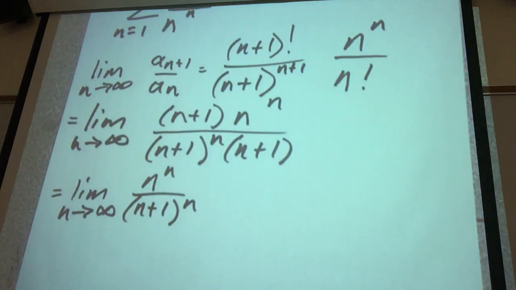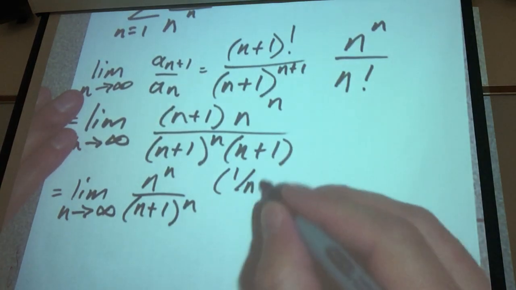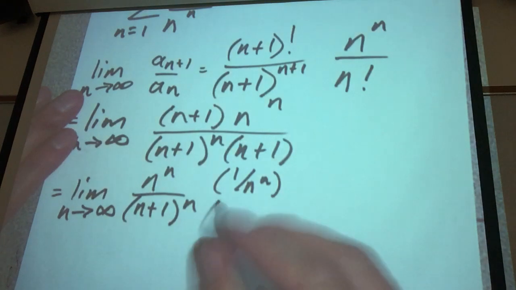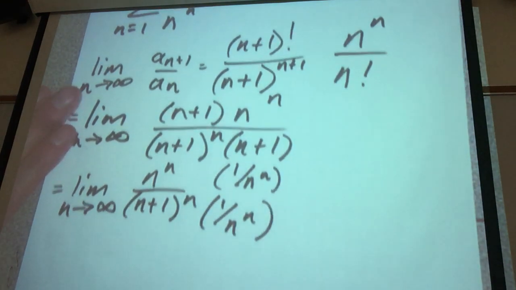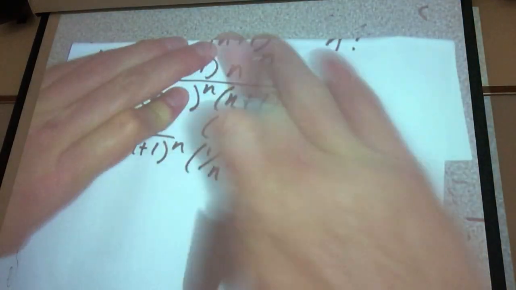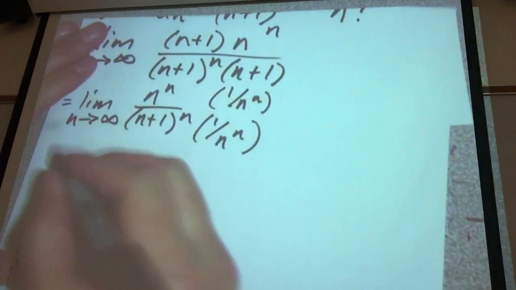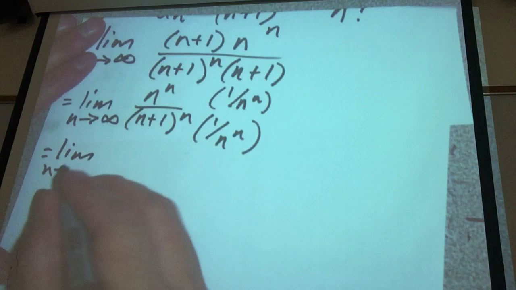Now, I'm a little stuck on this one. So what I'm going to do right now is divide the top and the bottom by n to the nth power. And so what that's going to give us is the limit as n tends towards infinity.